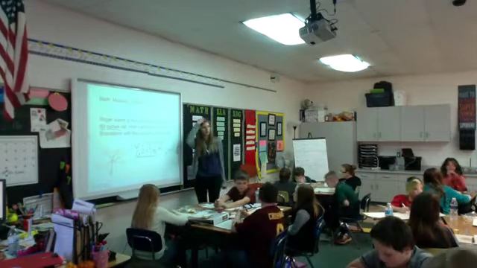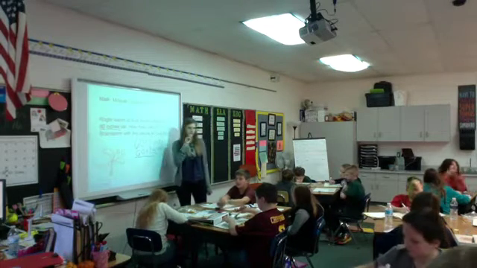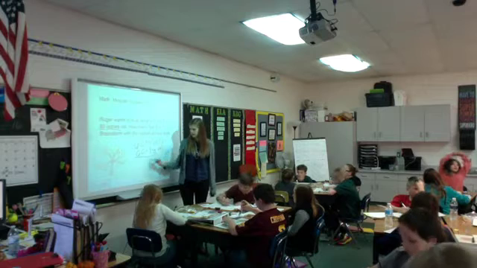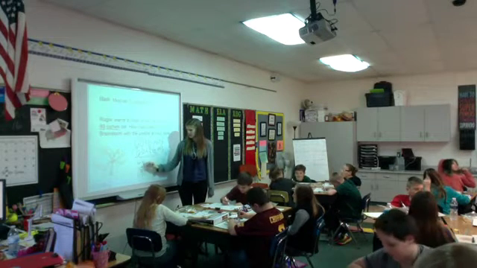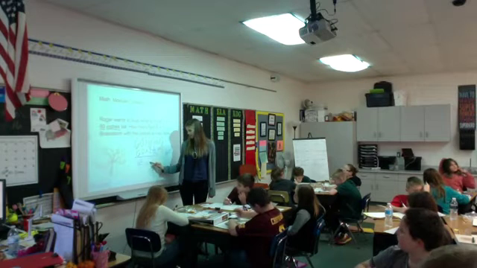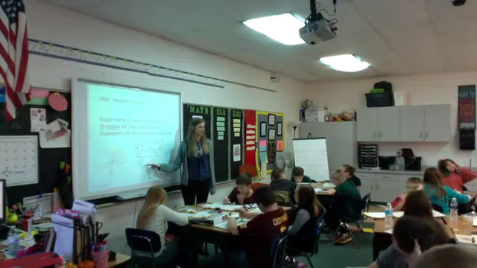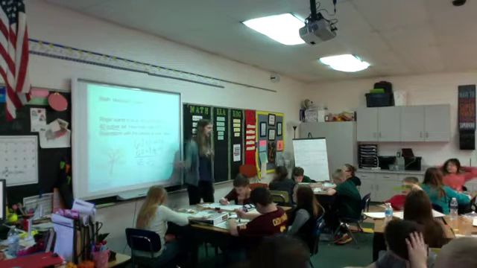Alright. So what I see a lot of you doing is 60 over 1 multiplied by 1/12. Is it okay to put a 1 under the 60? Yes. How come? Sophia?